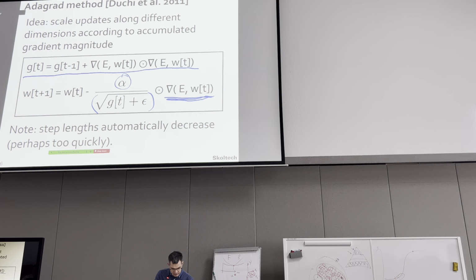Because we take again the vector of derivatives and multiply it with the gradient, and also, to make it more stable, we accumulate this over the steps, similar to what we have done in the numerical methods. So we just add to J minus 1 this additional vector of gradients.